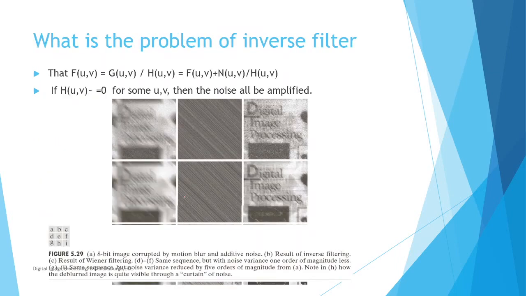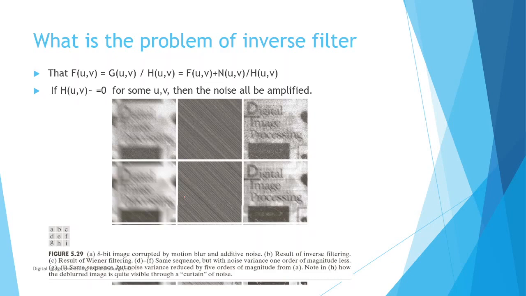So what's the problem with respect to inverse filtering? We have derived the mathematical equation in the previous session. Now we are going to discuss what type of problems we are going to face with respect to the mathematical equation of inverse filtering.